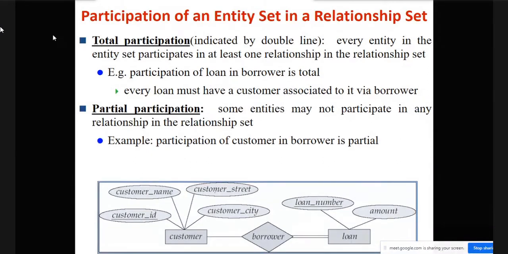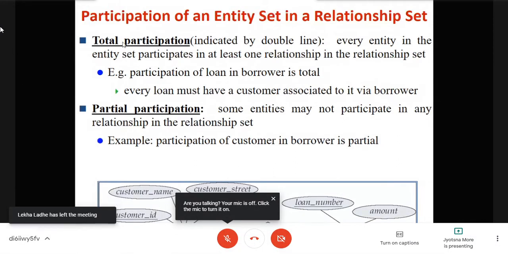As we have seen in cardinality, how the entity can participate into the relationship set, right? We have seen they can be one to one, one to many, and so on. So there are two types of participation. One is total and second is partial.